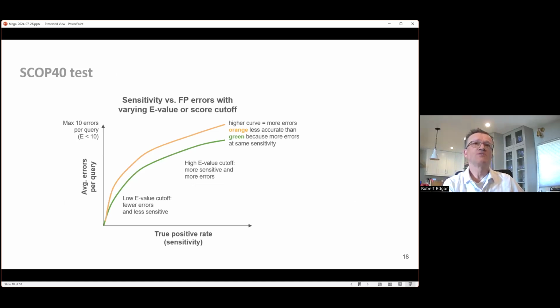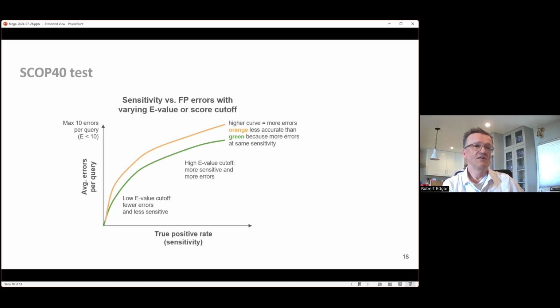So here is a sketch of how the results are typically presented. So what we're doing is we're making a plot to show sensitivity against errors. So there's always a trade-off by setting a cutoff in e-value or score. So the more sensitive we want it to be, the more errors we get, and that's the picture we get here.